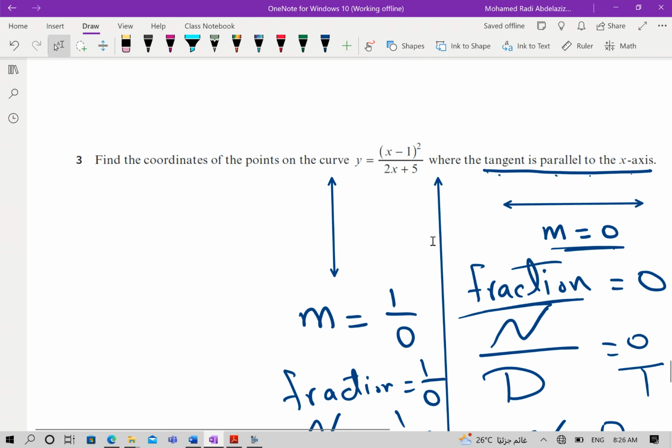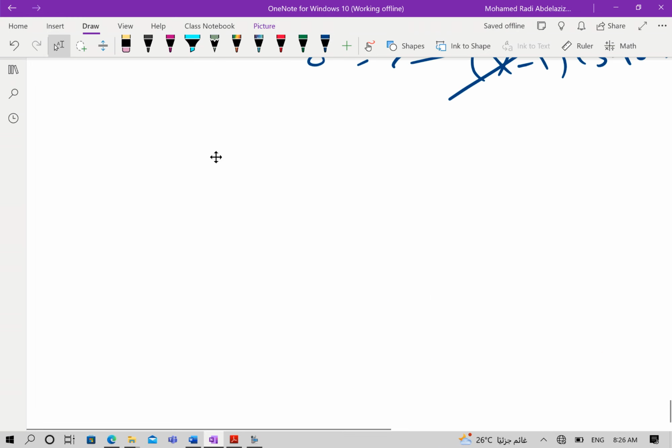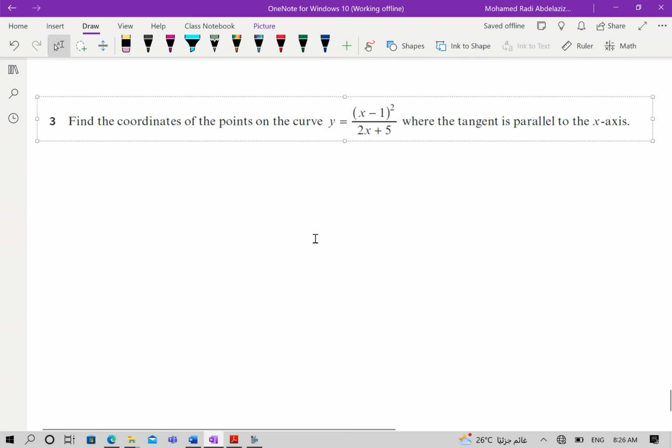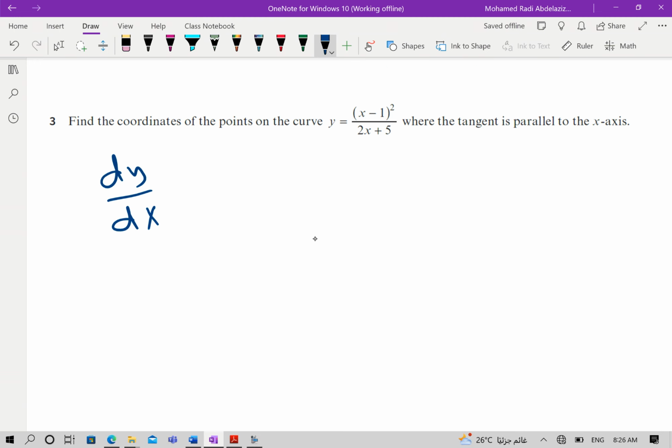So back to the question again. You have to get what first? The derivative of the function, then equate it to 0, use only the numerator equal to 0 and solve your equation. We'll solve it. Find dy by dx. Differentiation of first multiplied by second.